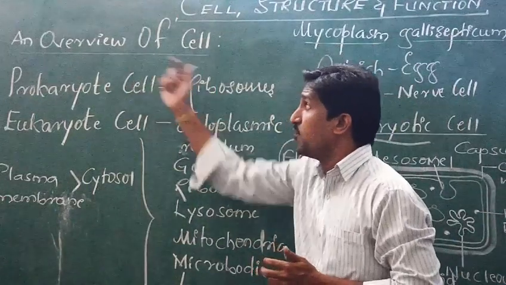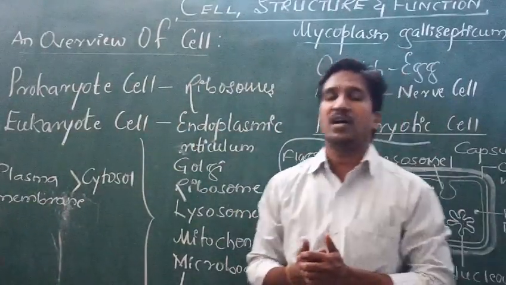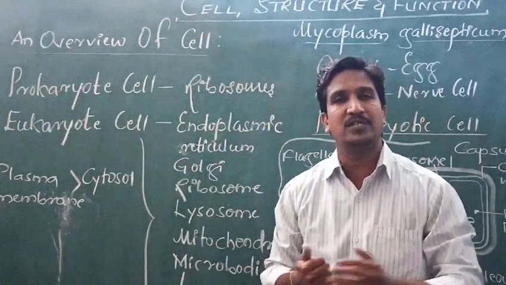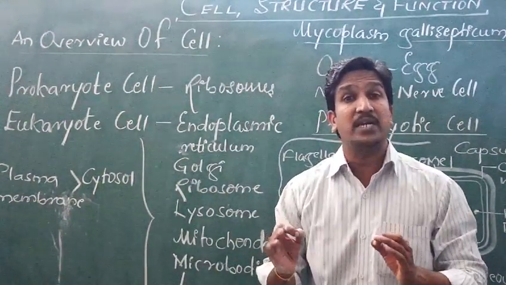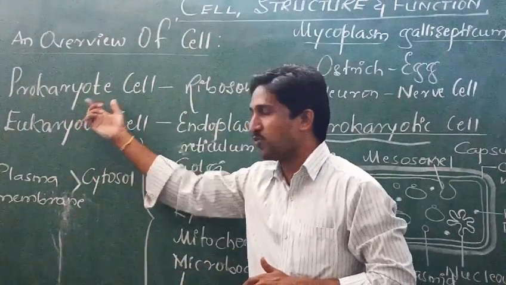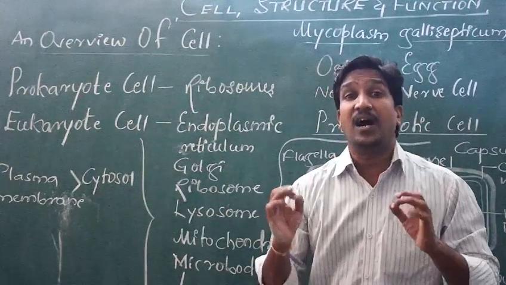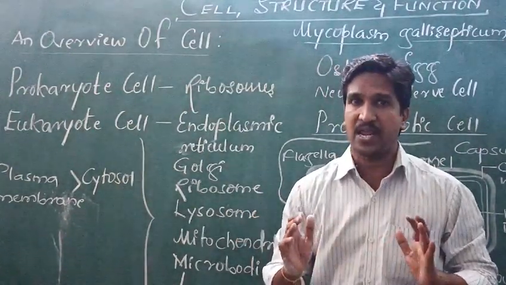Under this overview of the cell, as you learned, cells are of two types on the basis of the presence or absence of a nuclear membrane. If the nuclear membrane is absent, it is called a prokaryotic cell; in general, we can say a cell with an underdeveloped nucleus, without a nuclear membrane.